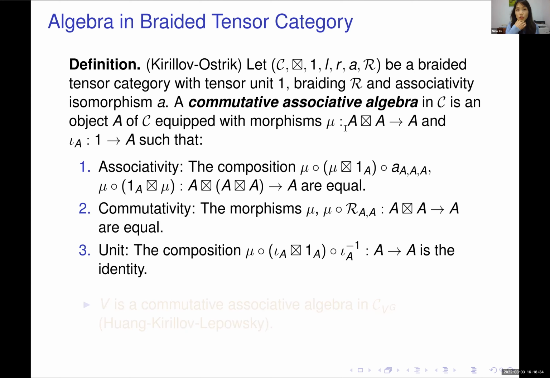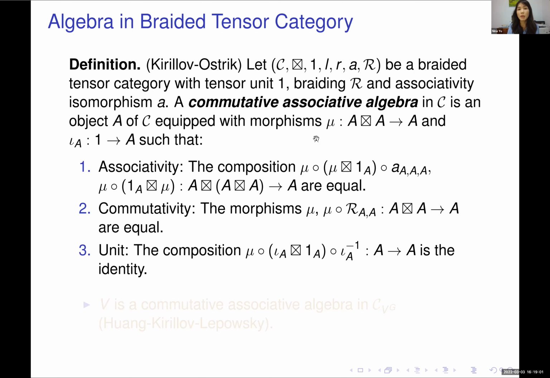Now let's recall a result from Kirillov and Ostrik's paper. There is a notion of algebra in a braided tensor category. Given a braided tensor category, there is a commutative associative algebra that is defined in this category. It is an object that satisfies certain conditions like associativity, commutativity, and the unit condition, and so on.